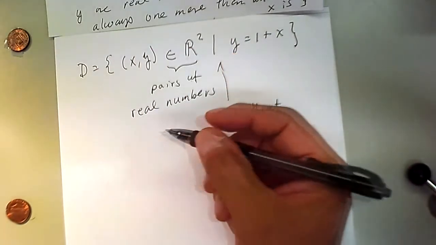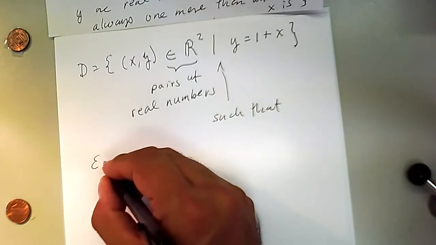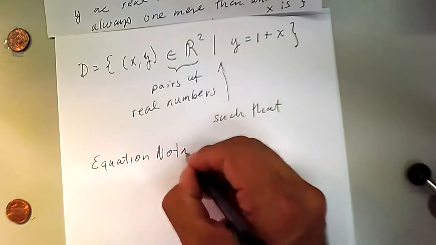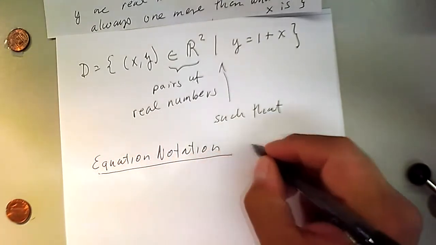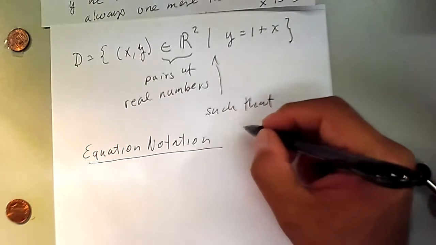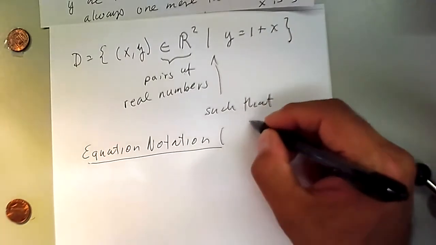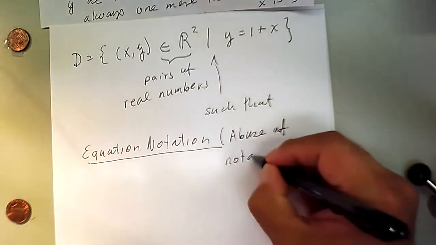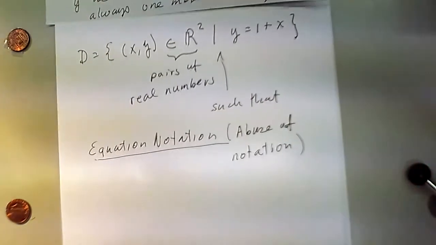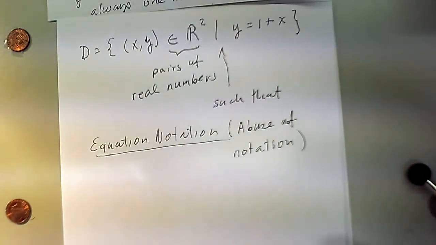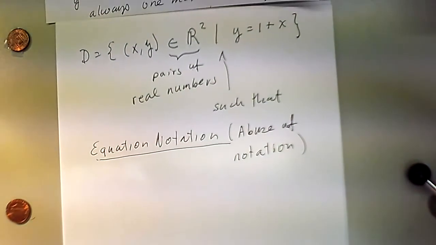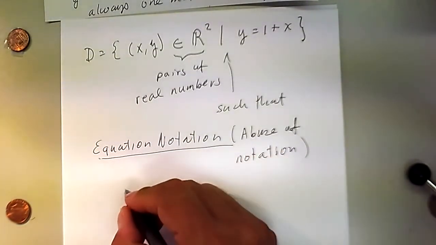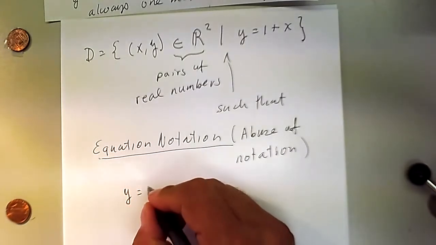And so we have the equation notation, which is really, in my personal opinion, an abuse of notation. But it is so widely accepted. I'm not gonna go against it, but let's admit that we are abusing the notation when we are simply writing that a function is y equals 1 plus x.